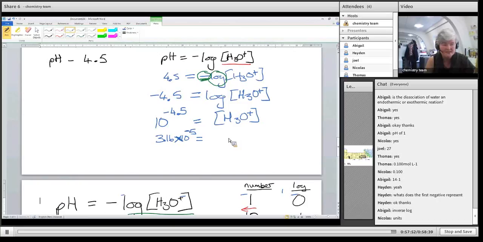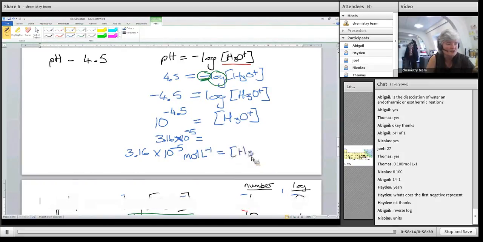The units. Okay, so I've got the right number of significant figures, but I haven't got the units. So you make sure that you put the moles per liter is equal to the hydronium ion concentration.